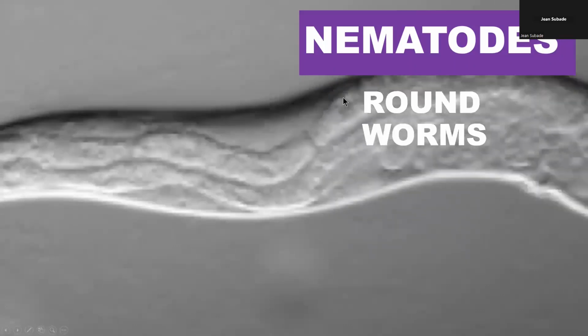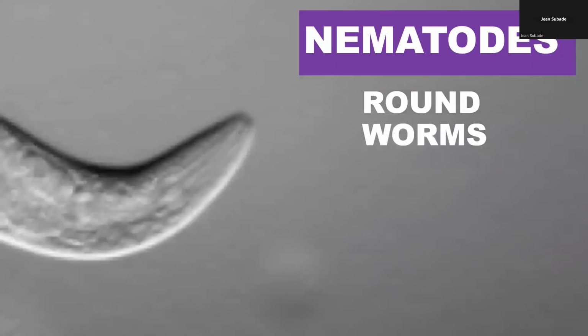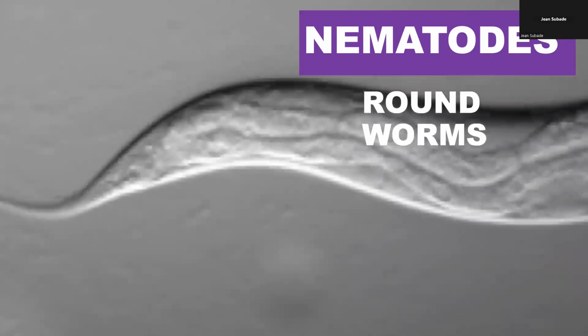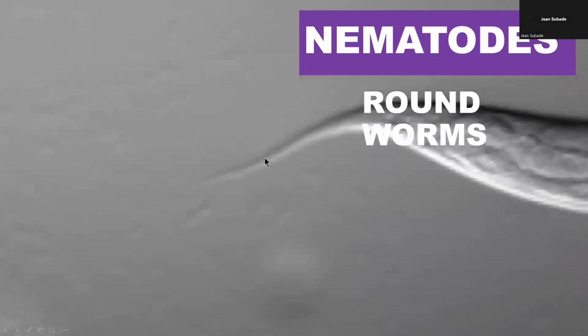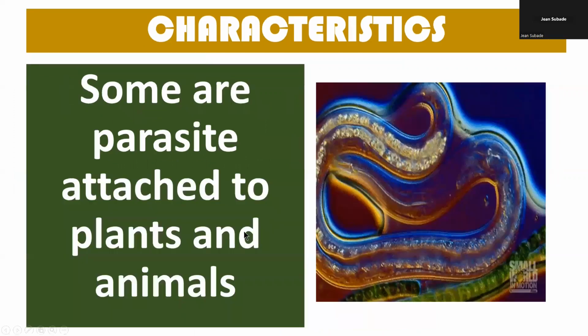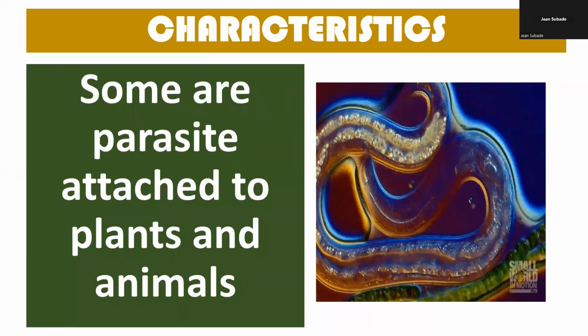We're done with the flat worms. If the body is round, then they are under the nematodes, which is why they are called roundworms. Their body is smooth and they are usually long, with a thin, round body figure, like the one in the animation. Some of them are parasites.